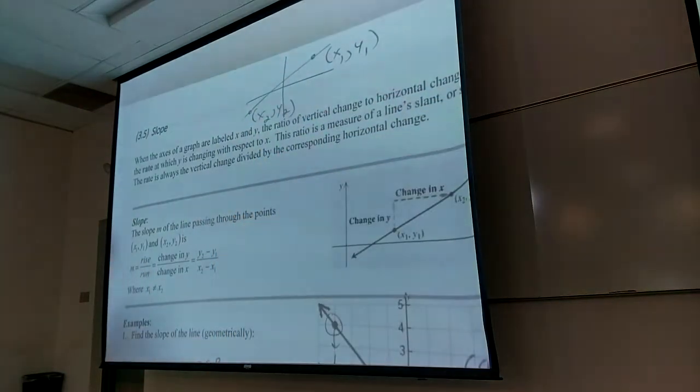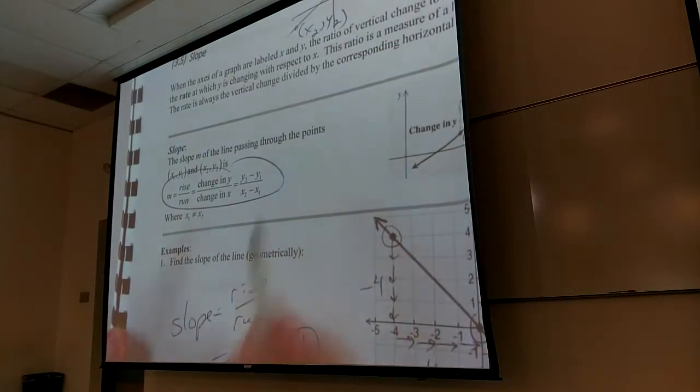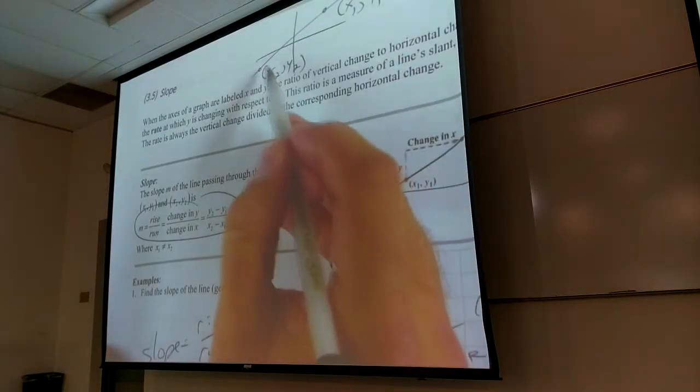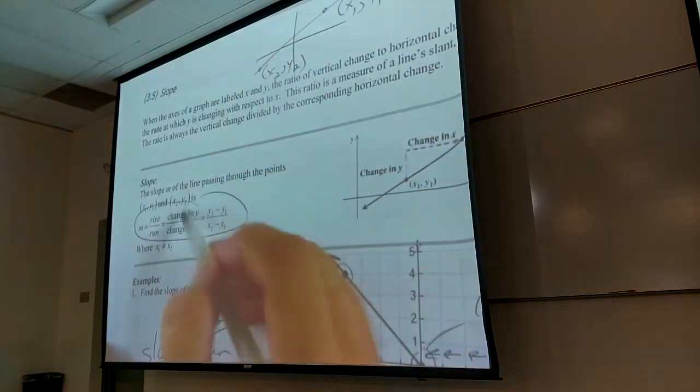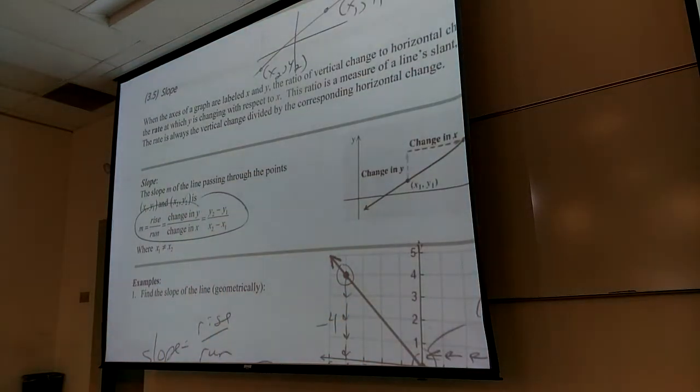That's insane. y plus y1 plus y2? Almost. I want the change in them, though. I want the difference in them, so it's going to have to be minus. I want to see how much did they change by. So that's why the formula is right there. y2 minus y1 is how much it went up or down. x2 minus x1 is how much it ran forward or backward.